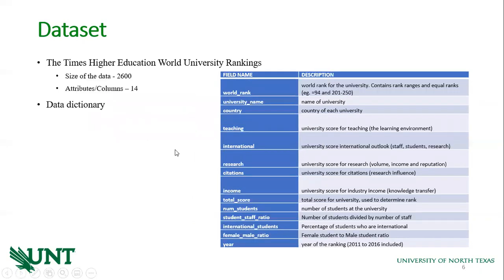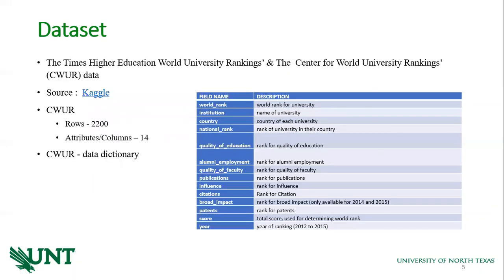If we closely look at the metadata for the CWUR, it has a world rank, basically the rank of the university, the institution's name, the country, and its national rank. This will help if anybody wants to know the national rank for a specific university.